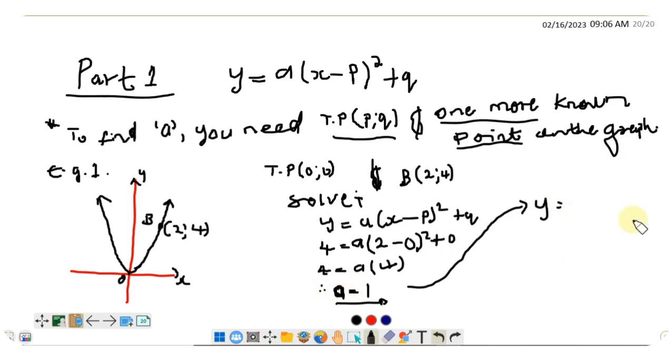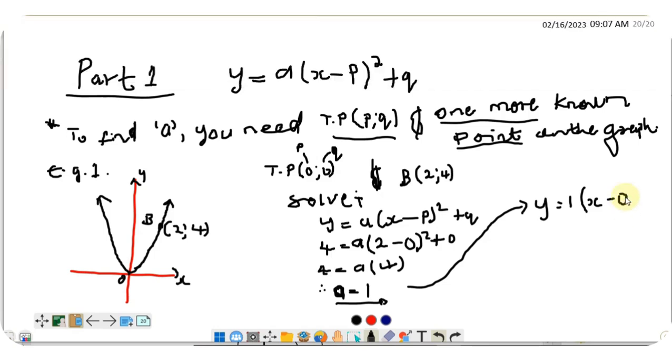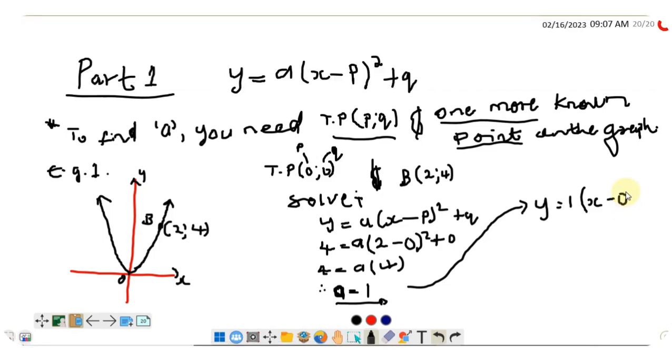So A equals 1, so 1 into (x minus p). What is the value of p? p is 0. And q, plus q.